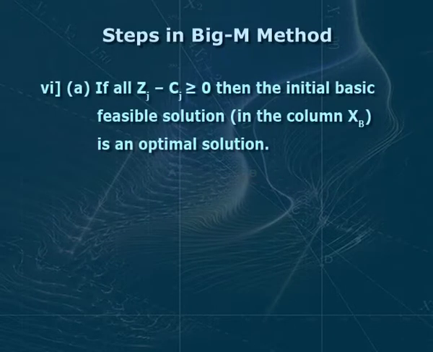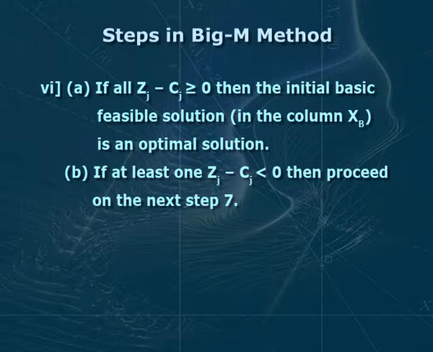Step 6. A. If all Zj minus Cj are greater than or equal to 0, then the initial basic feasible solution in the column Xb is an optimum solution. B. If at least one Zj minus Cj is negative, then proceed to the next step 7.